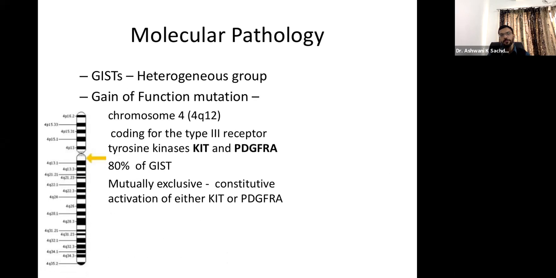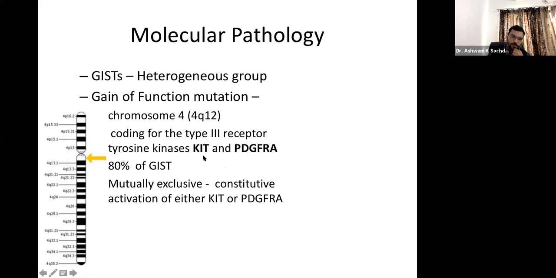So molecular pathology is very important in case of GIST because it is both prognostic and predictive of tumor response. Gain of function mutation usually occurs in KIT and PDGFR oncogenes, and they are present at chromosome 4q12, long arm of chromosome 4, in about 80% of the GIST.